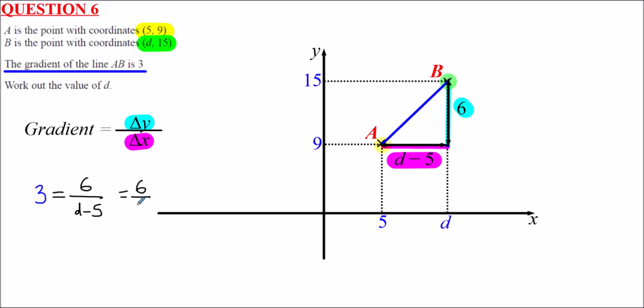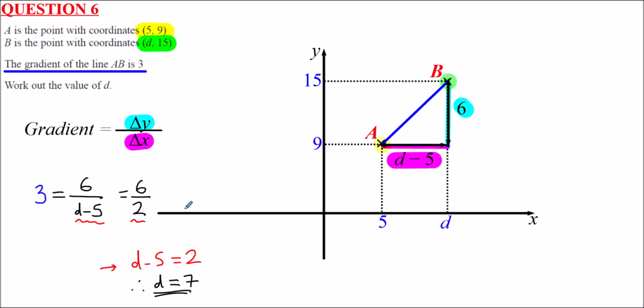We know that 6 divided by 2 is 3, so we can deduce that D minus 5 would have to be 2. D minus 5 equals 2. Therefore, D would have to be 7.